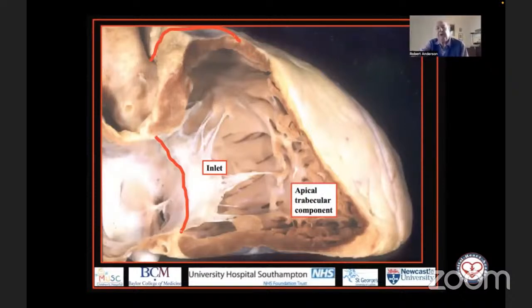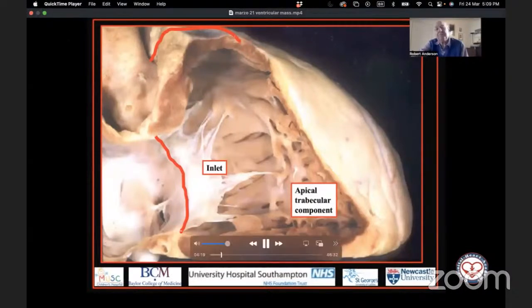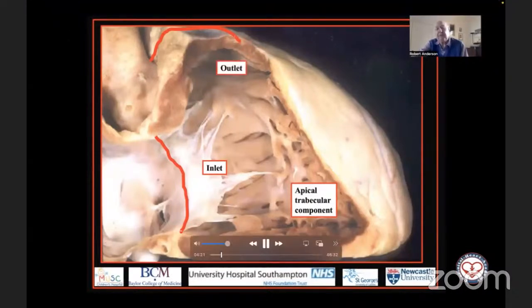The apical component, I've also called the apical trabecular component, because this is the component that is dominated by those trabeculations. And in the right ventricle, those trabeculations are coarse. And then we have the outlet. I hope you all know by now, in the right ventricle, the outlet is a complete muscular sleeve, and that extends up to support the leaflets of the pulmonary valve.